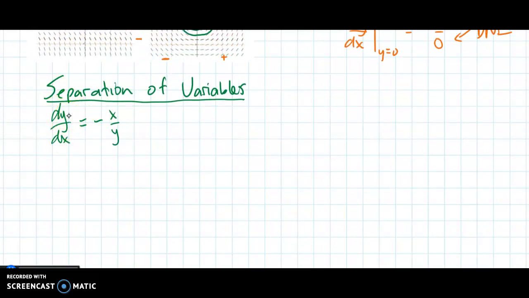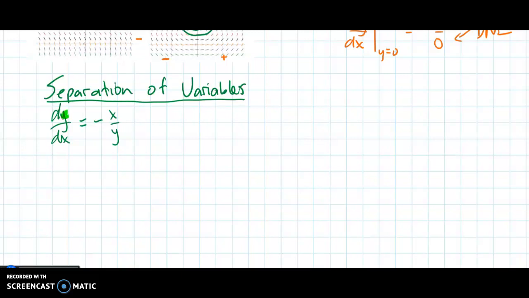What I want you to see is that if I were to try to do an integral on the left side and an integral on the right side like we did up above, I would run into problems because I can't really integrate this. What am I even integrating with respect to? Is it x or is it y? So what we can do here is separate the variables.